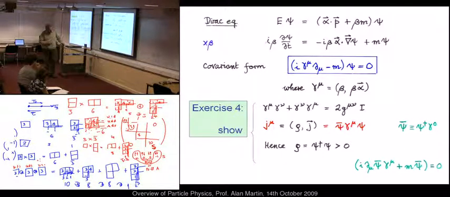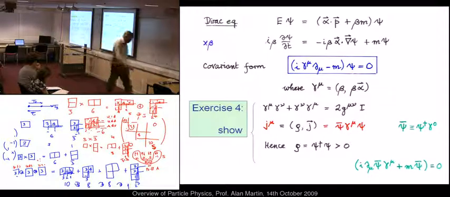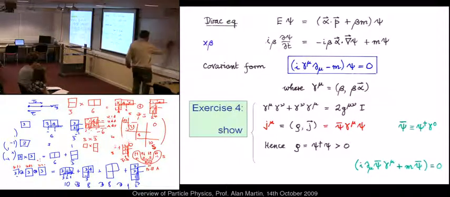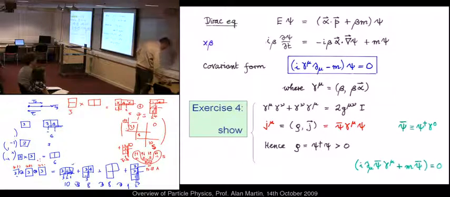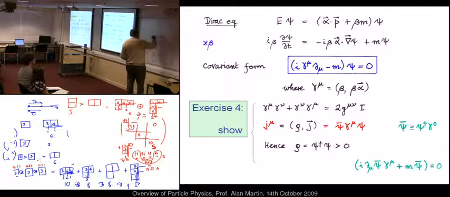Now the Hermitian conjugate of a column vector is a row vector. So this is a 4 by 4 matrix. The structure of that red thing there, psi bar has got 4 components like that.